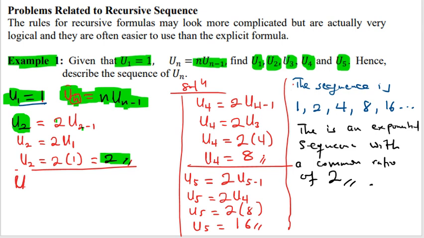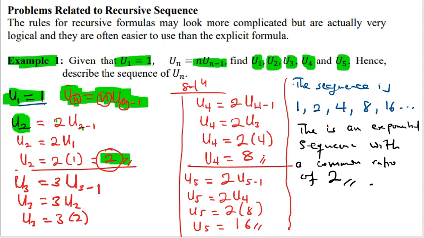So we have u3 equal to, wherever you see n, put 3 there. So 3 minus 1. So u3 should be equal to 3 multiplying u2. But we know that u2 is 2, so times 2, and the final answer will be 6. So our u3 is supposed to be 6.